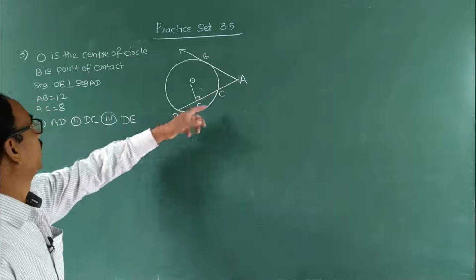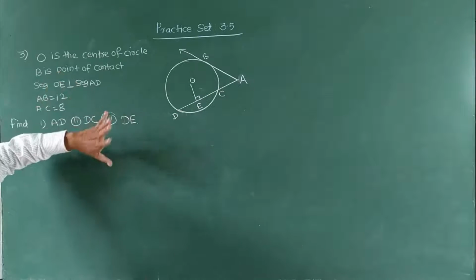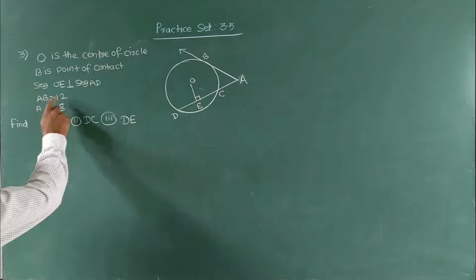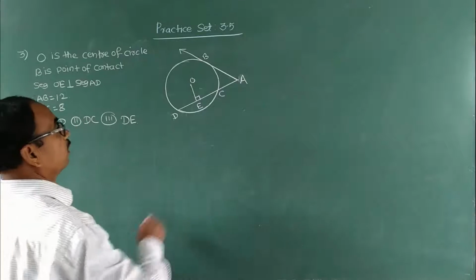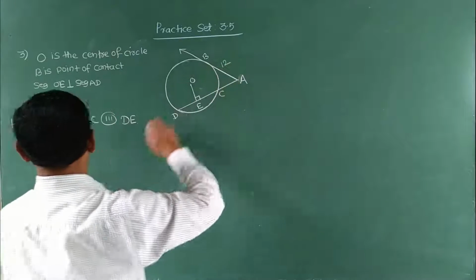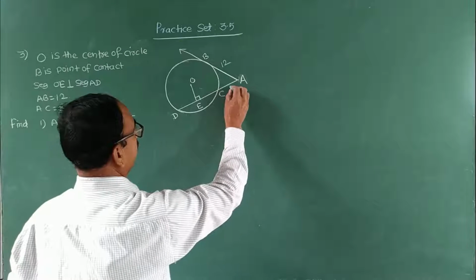AD हा जो segment आहे यावर आपल्याला OE ही perpendicular दिलेली आहे. Then we have given AB equal to 12. Then AC is given, that is 8.